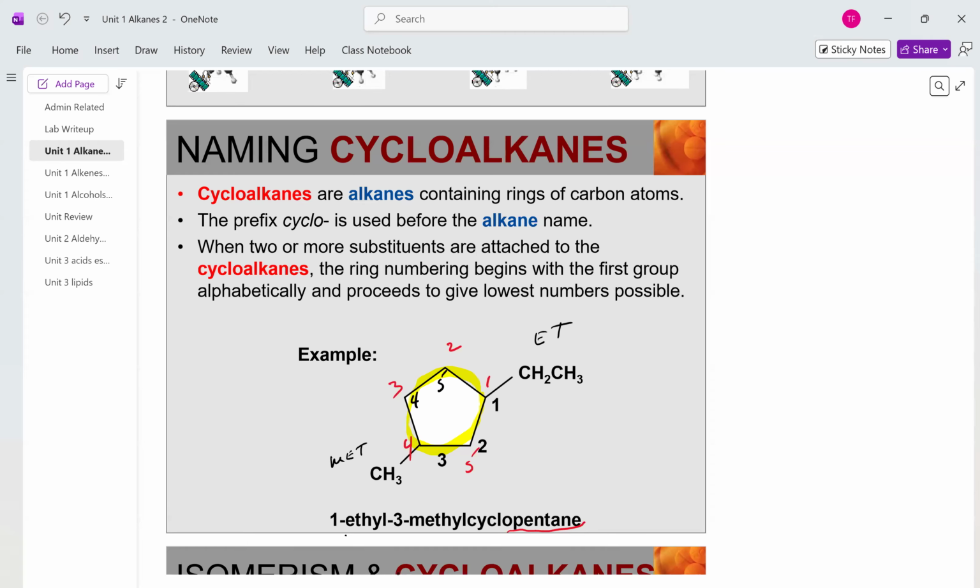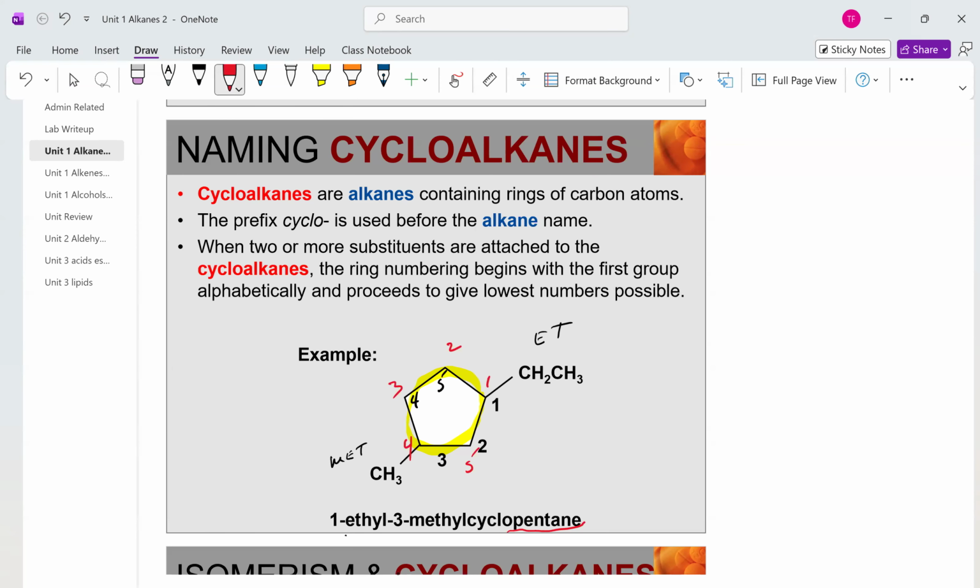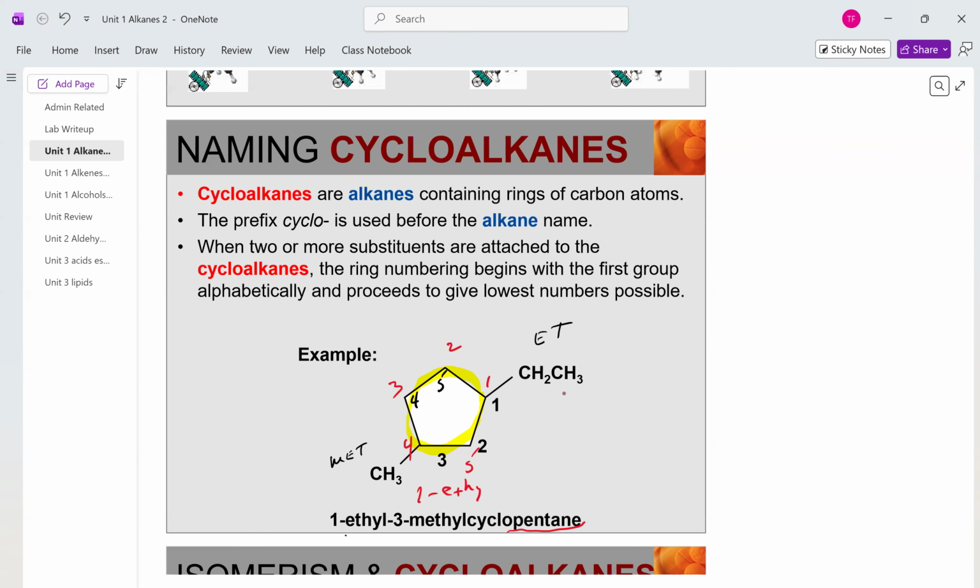If we did it in red, the red numbering, it would be one ethyl again. Let's see, one ethyl, four methyl cyclopentane.